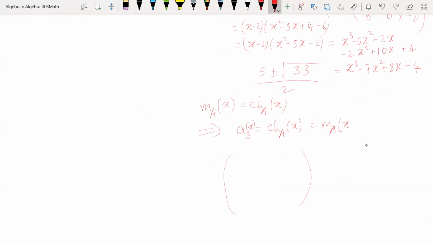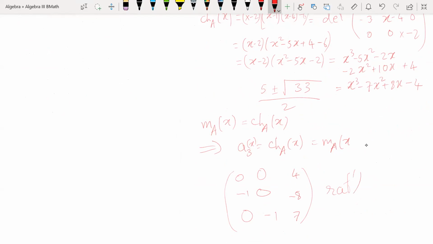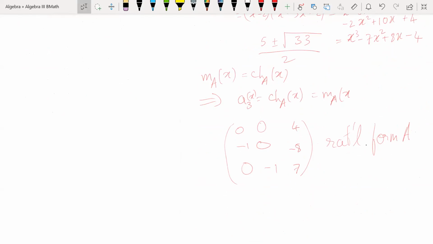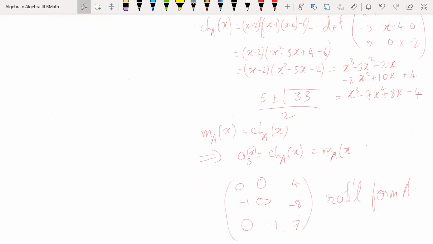It's going to be a 3 by 3 matrix: 0 0, with 0 here and 0 here, and the last column is just the coefficients of this polynomial: 7, minus 8, minus 4. Someone points out that it should be minus 4 rather than plus 4; yes, in spite of doing it slowly I made a mistake, so you have to do this carefully.